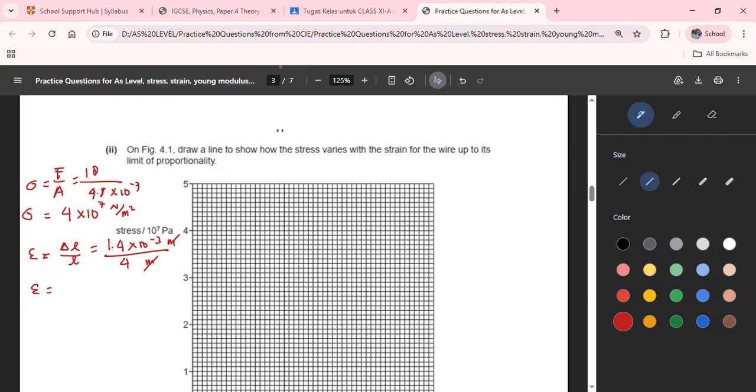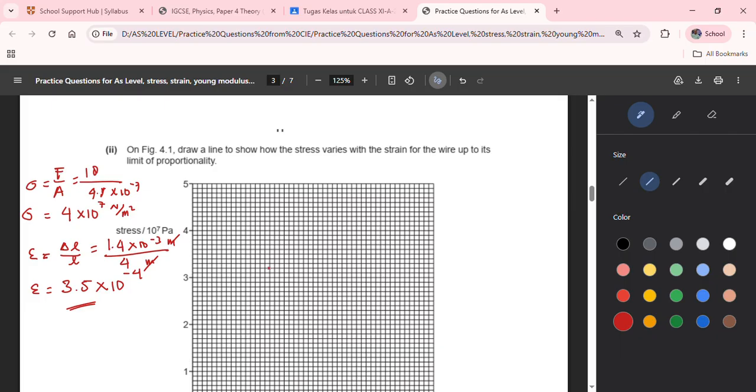So the strain is equal to 1.4 times 10 to the power of minus 3 divided by 4, which is equal to 3.5 times 10 to the power of minus 4 without the unit.